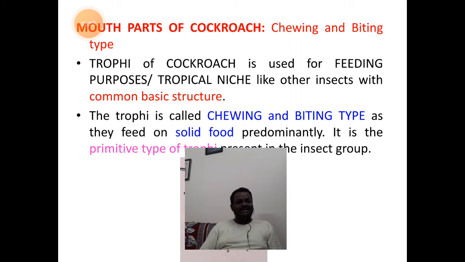Generally, the first type, that is chewing and biting type of mouth parts, is seen in the mouth parts of cockroach as well as grasshoppers.